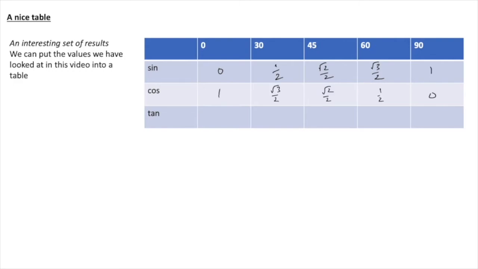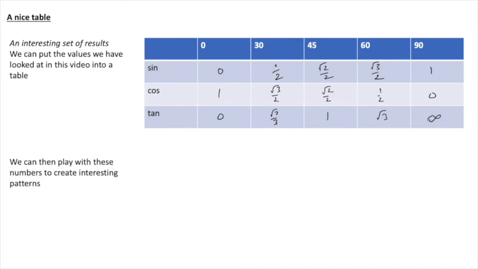For cos, because of the symmetries on the trig graphs and of the trig functions, that's the same values in reverse. So it starts at 1 and goes down to 0. And then for tan we've got 0 at 0, we have root 3 over 3 at 30, 1 at 45, root 3 at 60, and then infinity of course at 90.